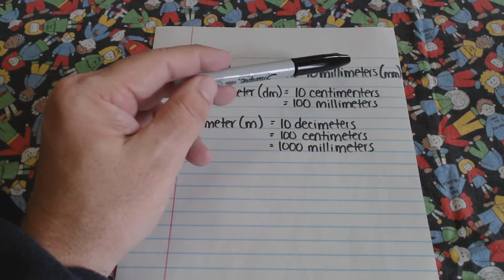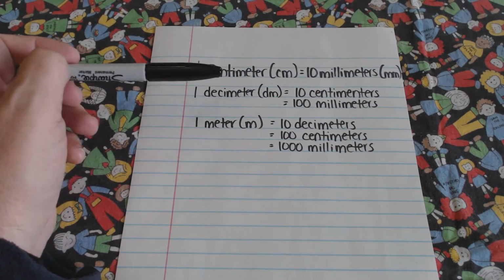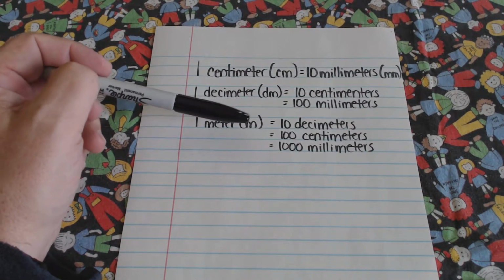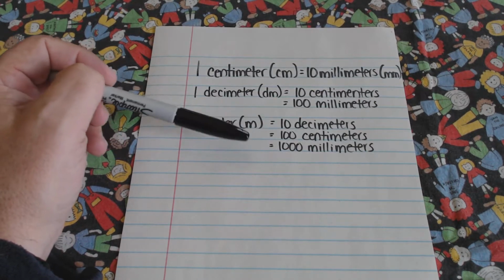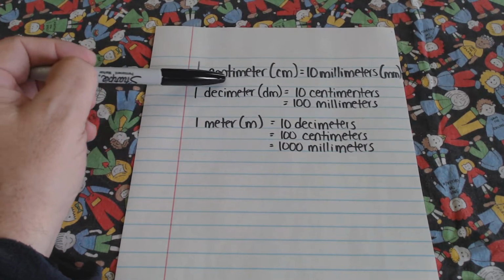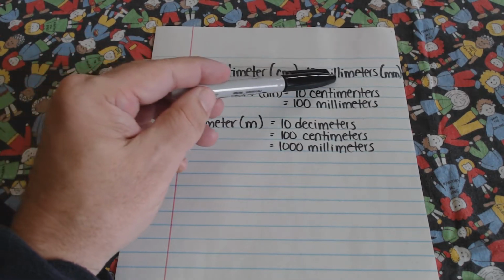So millimeters are the smallest unit, then centimeters, then decimeters. And then we have something called a meter, abbreviated M. A meter is made up of 10 decimeters, or 100 centimeters, or 1,000 millimeters.